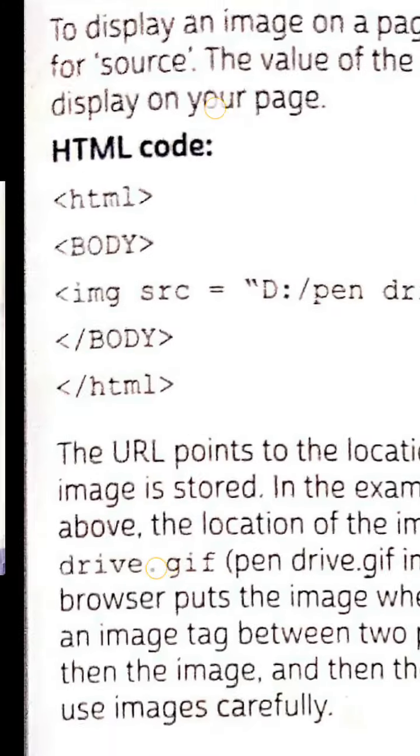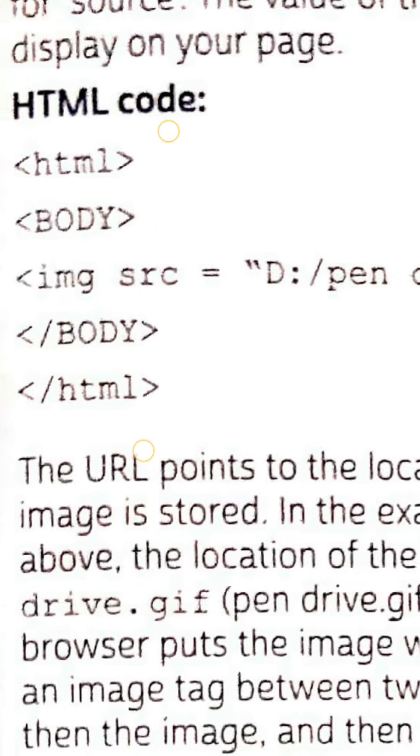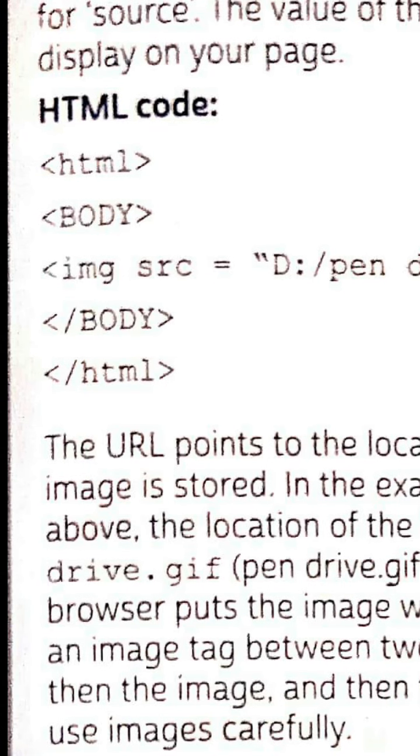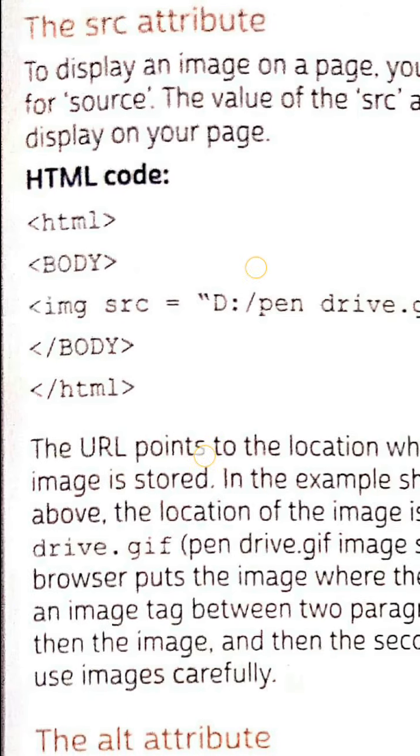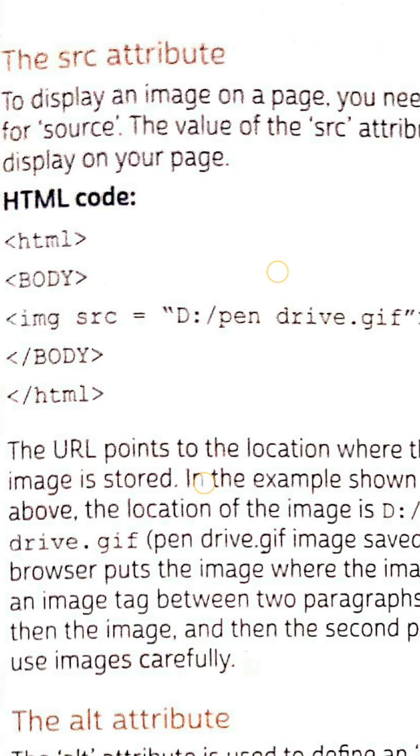As you know, first you have to start HTML with an angle bracket, then body in angle bracket, then you have to write img src equal to the D drive, and the location where the image is that you have put, that's why you have written pen drive dot GIF. For any image, you know the extension is GIF.